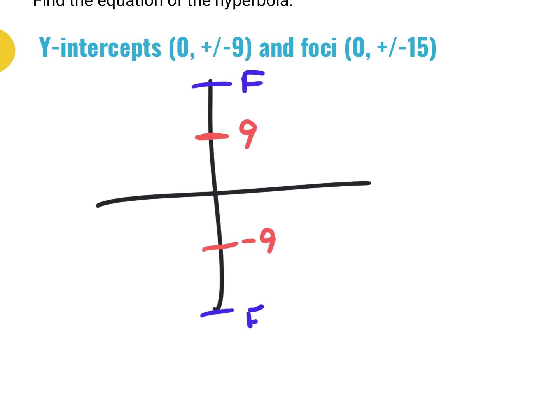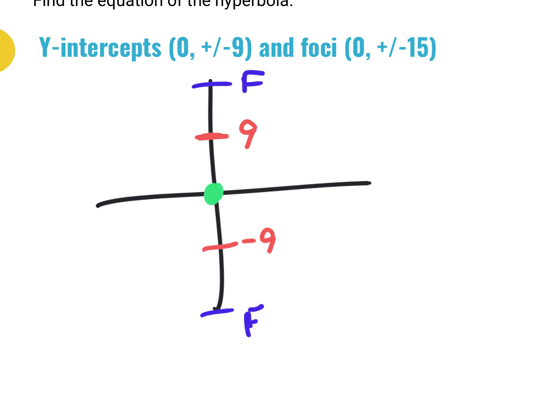Whenever we see intercepts, we can assume it's at the center. You could draw something that goes through the x-axis, but the important thing is to understand this is at the center. Why is it at the center? Because your focus is equidistant, so you know your center's right there.